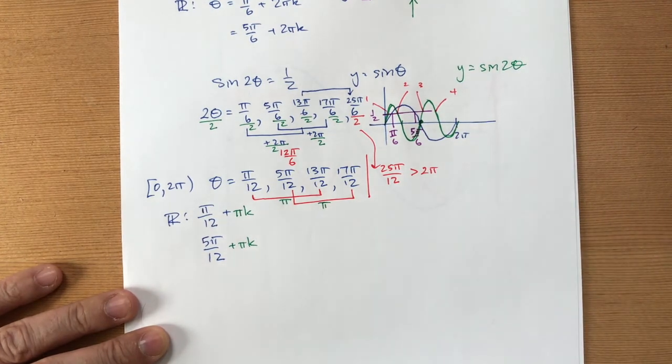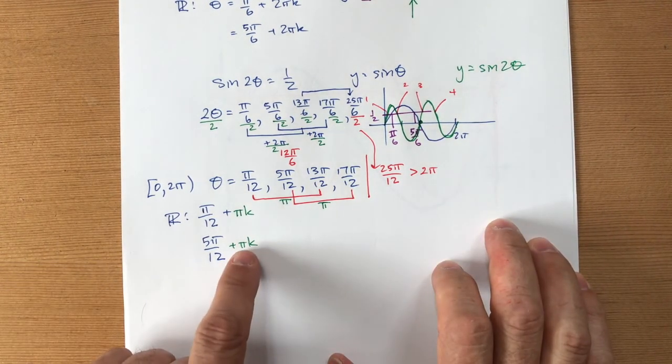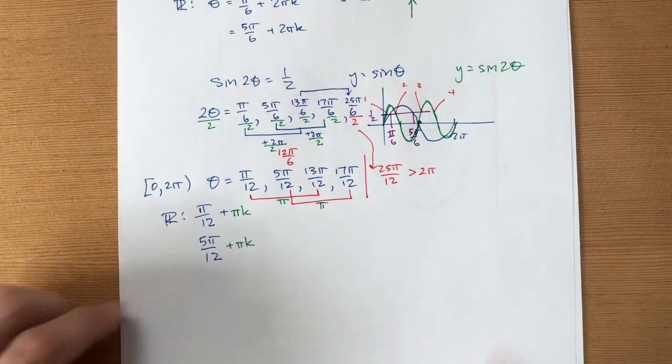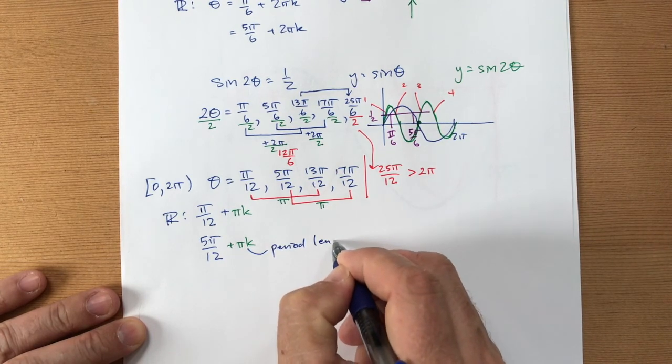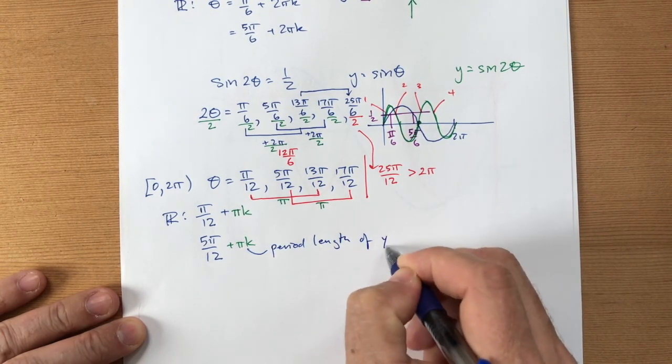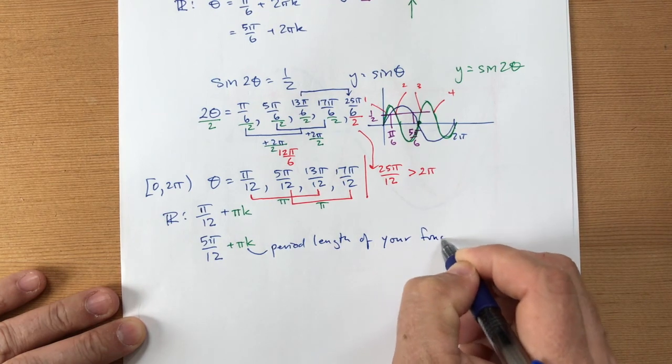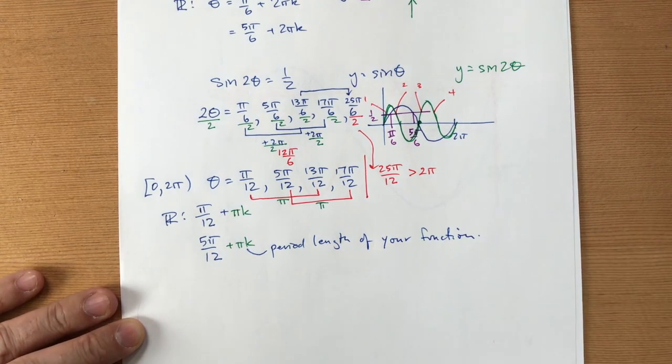The most common wrong answer is to have still 2 pi k and 2 pi k. But this is the period length of your function. The period length of your function.